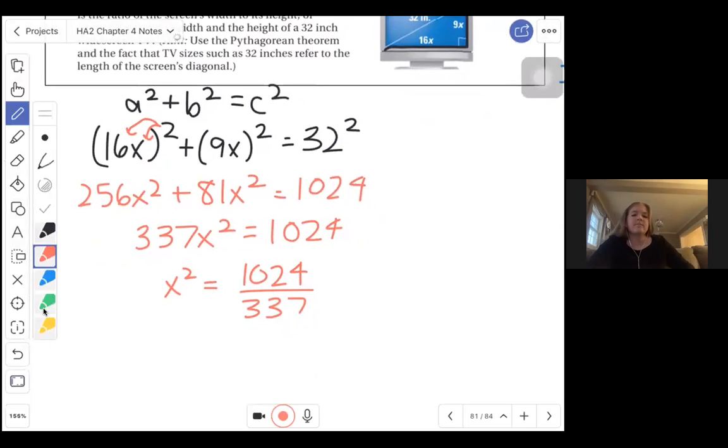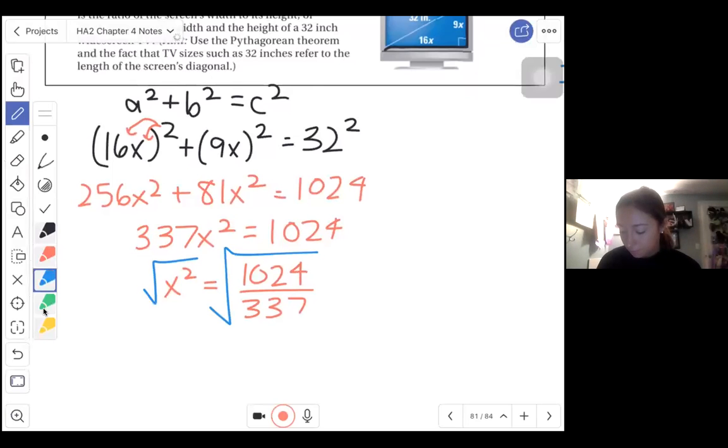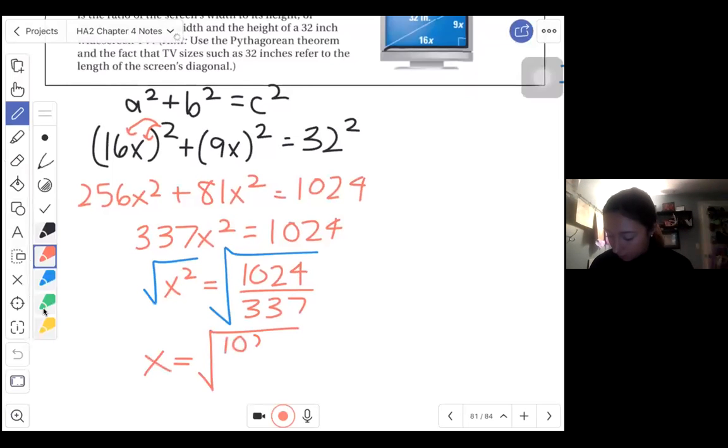So we'll have to take the square root of both sides. So we would have x equaling the square root of this. 337 doesn't go into 1024 evenly. So you could just plug this whole thing into your calculator. Square root of 1024 divided by 337 in your calculator.